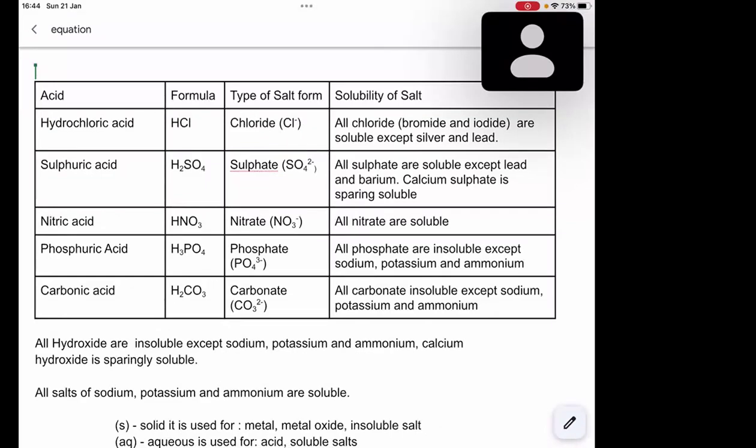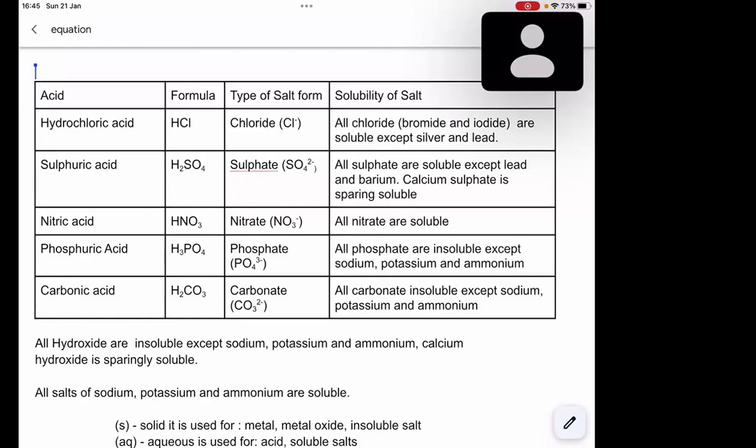So we have phosphoric acid, which is H3PO4. Phosphoric acid forms phosphate salts, and the formula for phosphate is PO4 3 minus, and all phosphates are insoluble except sodium, potassium, and ammonium.